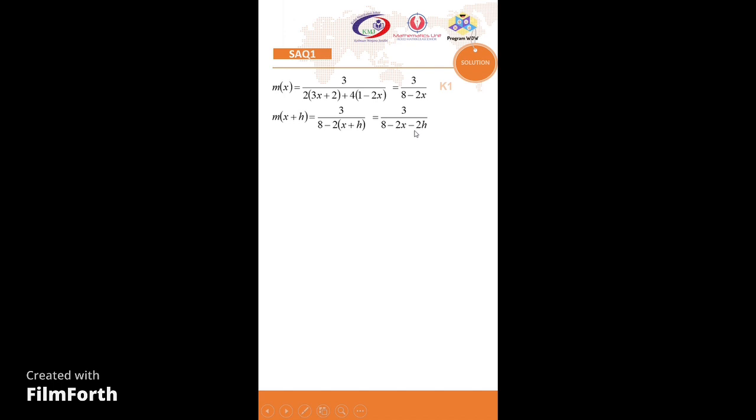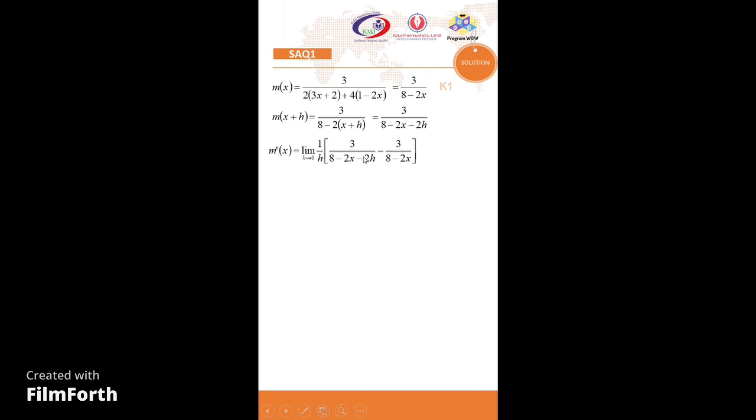Then you substitute into the formula of the first principle, which is f(x plus h) minus f(x) divided by h.